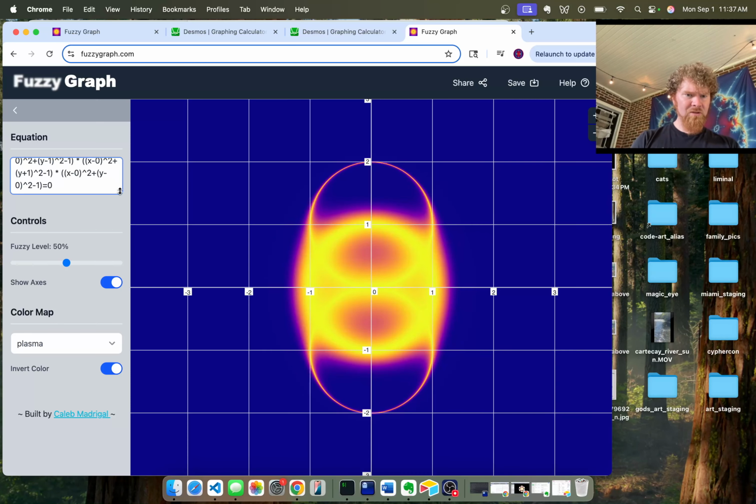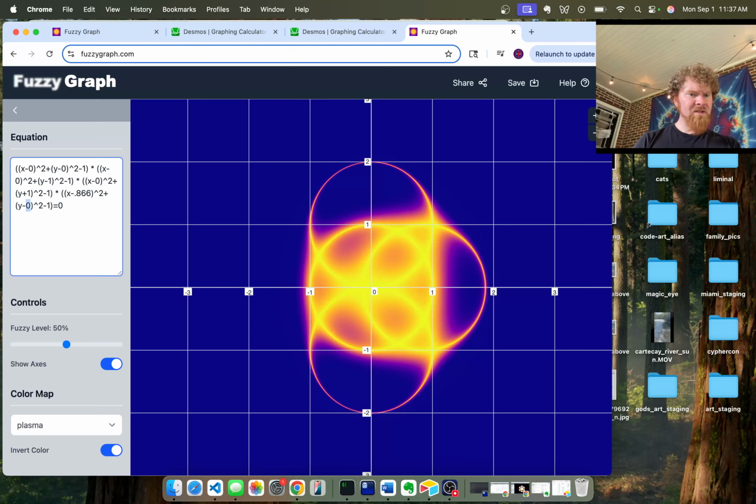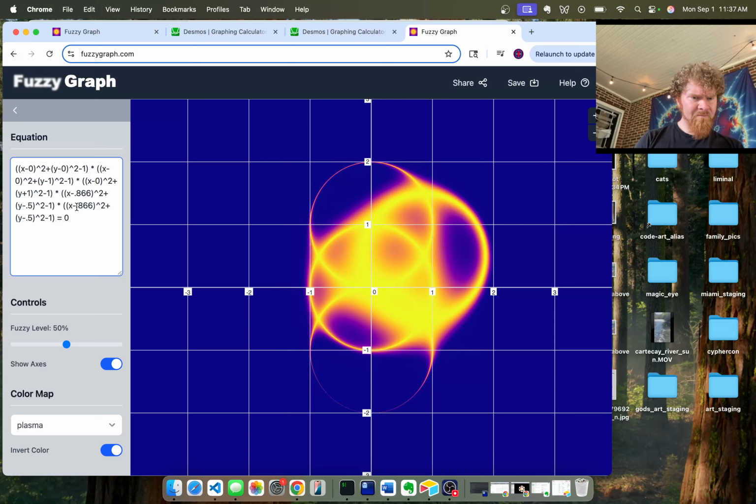Let's make this equation larger so we can see what's going on. 0.866, and then y should be 0.5 there. Move it up. And this will be, in this case, a plus.